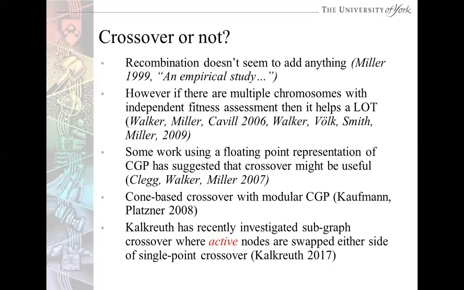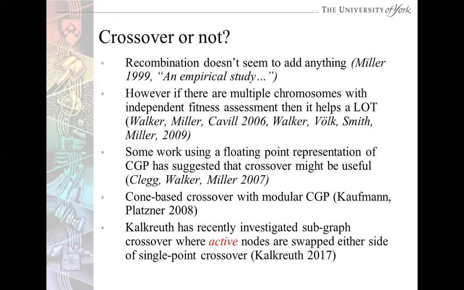Now, sometimes you can be in a position where you could evaluate the fitness of each of those separate chromosomes independently of the others. In that scenario, which was investigated by Walker and Miller in 2006 onwards, you find that crossover can be very, very effective.